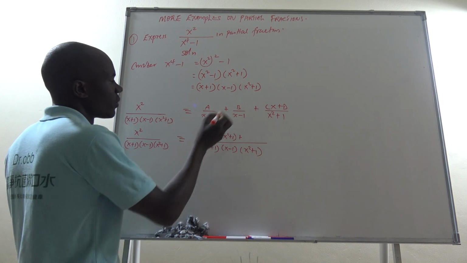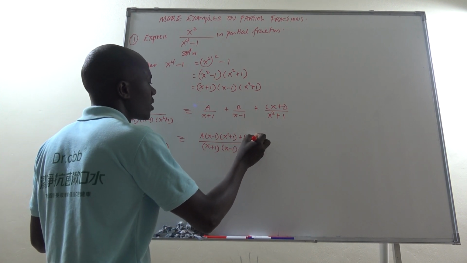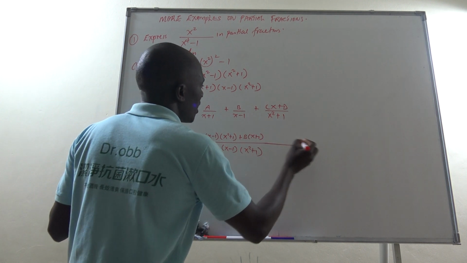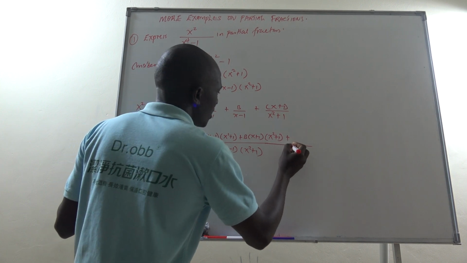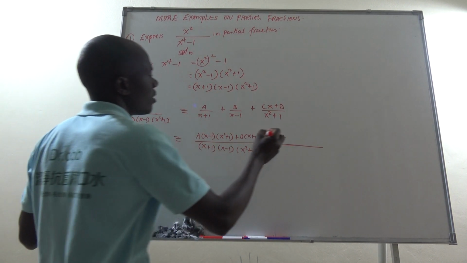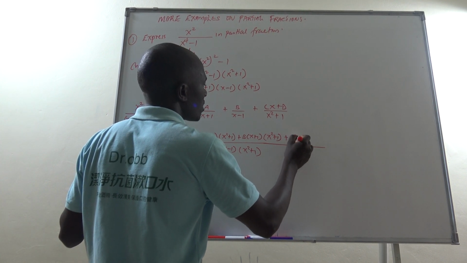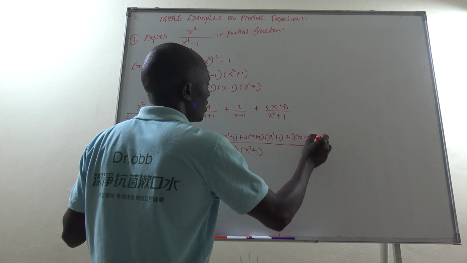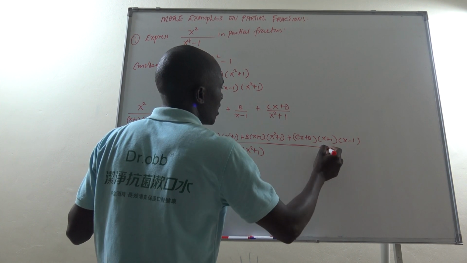Then b into x plus 1 into x squared plus 1. Then cx plus d into x plus 1 into x minus 1.